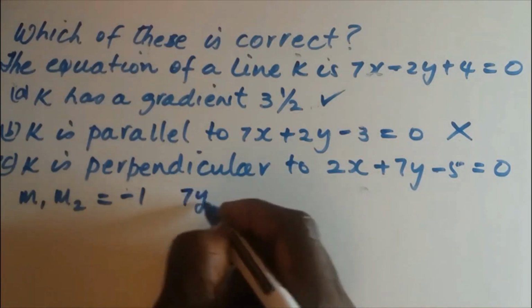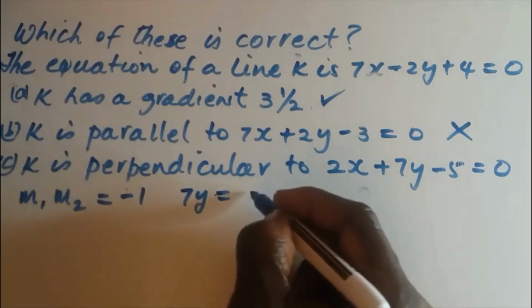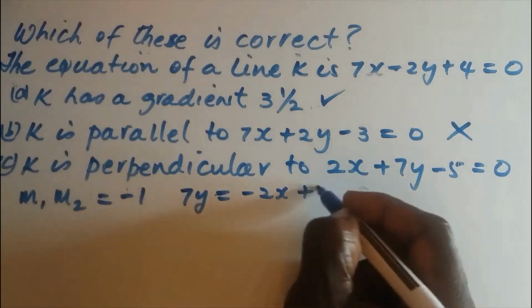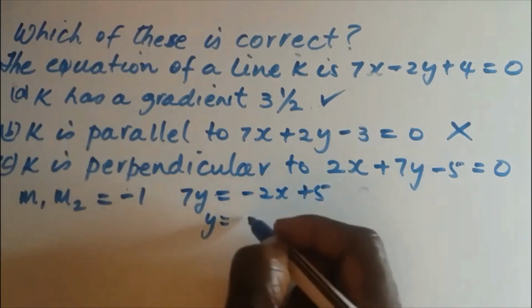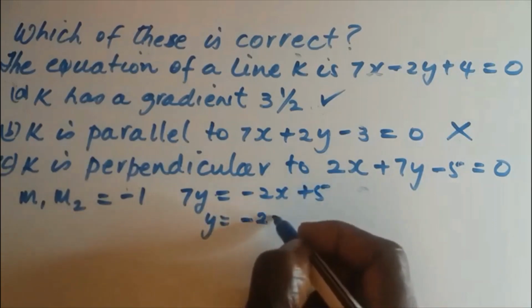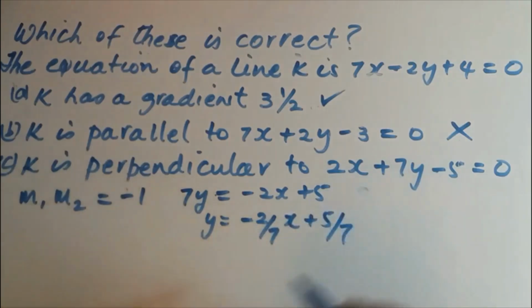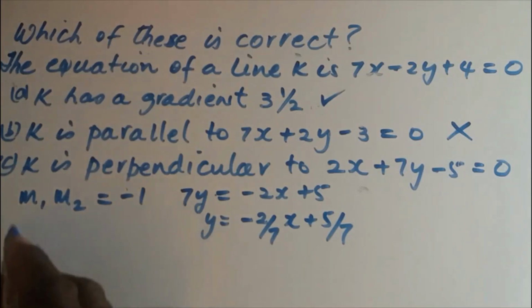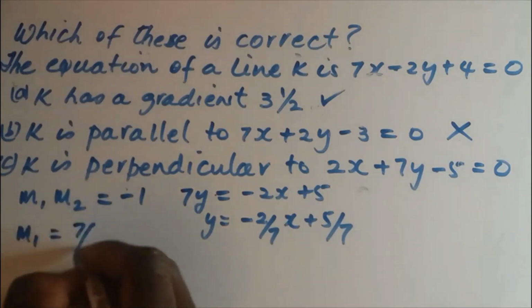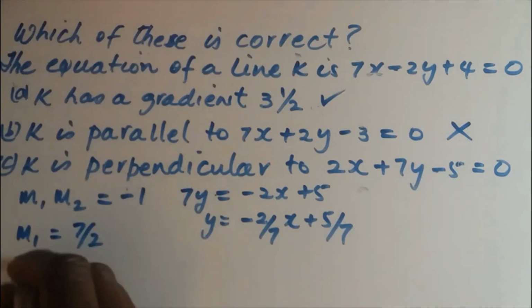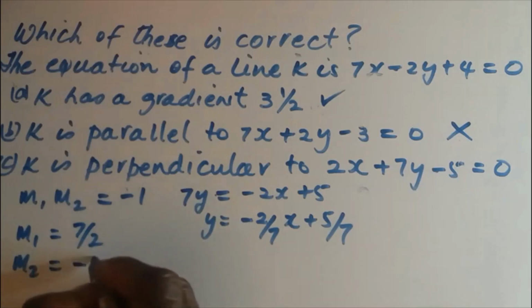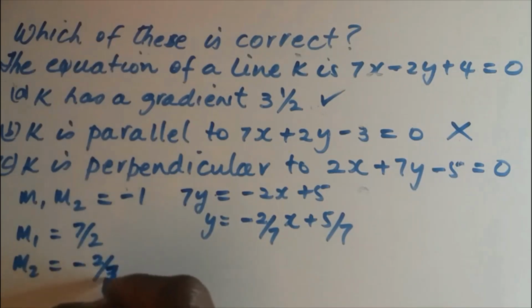So we have 7y is equal to -2x add 5. So y is equal to -2/7x add 5/7. So we have a gradient of -2/7. So m1 is 7/2 and m2 is -2/7.